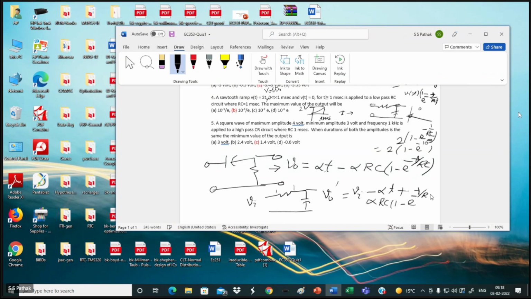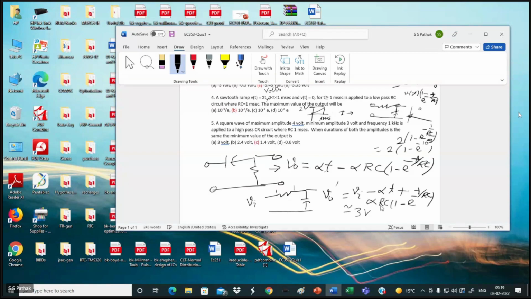Now RC is 1 millisecond, T I am taking as 1 millisecond because this is the maximum at T equal to 1 millisecond. VI is maximum, equal to 2 volt. Alpha is your 2 into 1 millisecond. You solve it, you will get the answer closer to 3 volt.